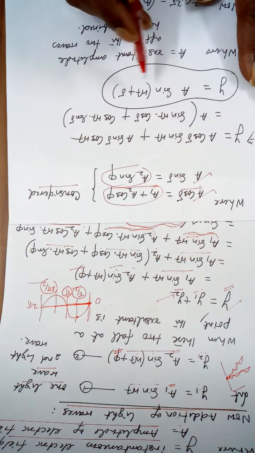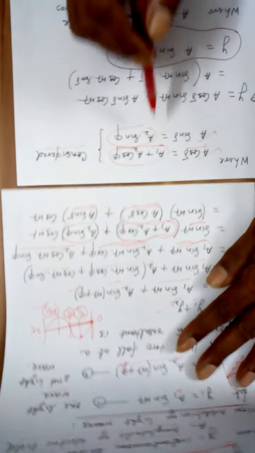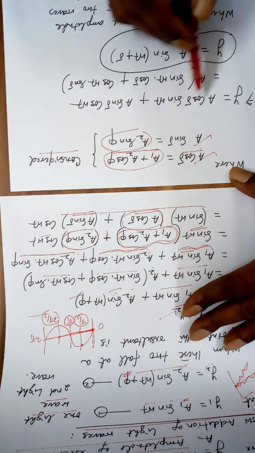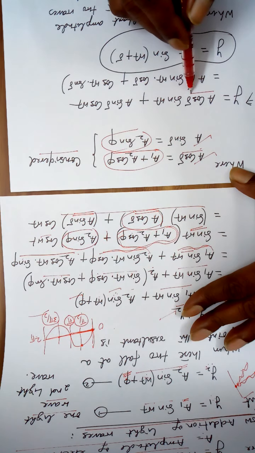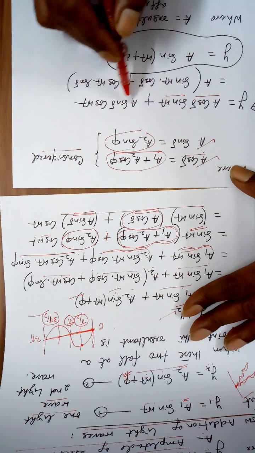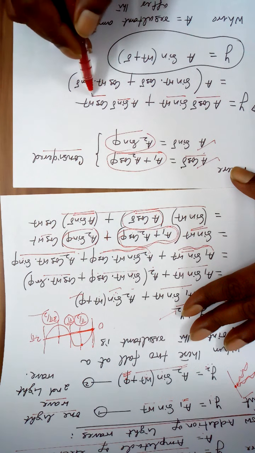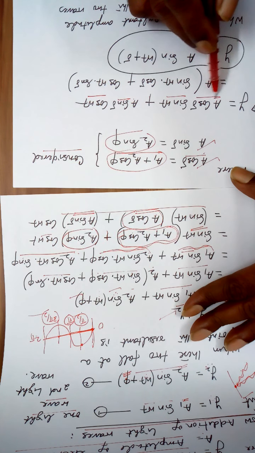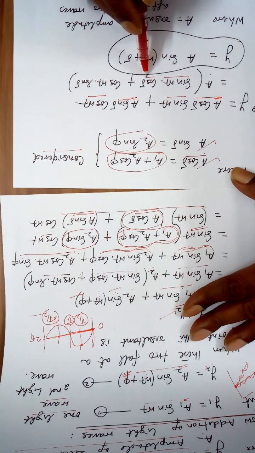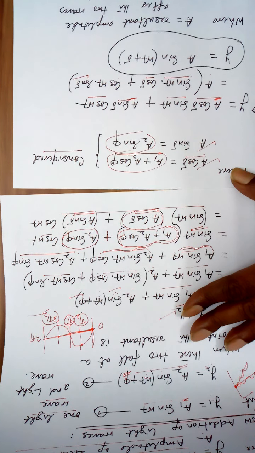Now what happens? This equation I am writing again: a cos delta t sin omega t plus a sin delta t cos omega t. So a here and a here are common, taken out. So this becomes sin omega t cos delta t plus cos omega t sin delta t.